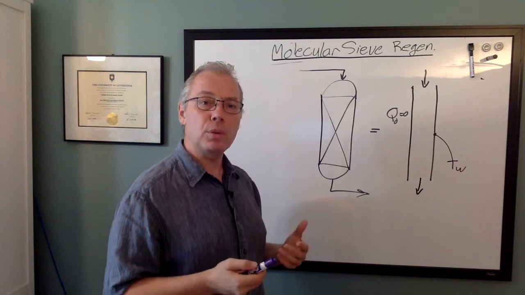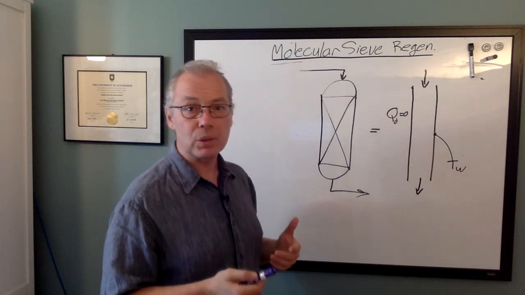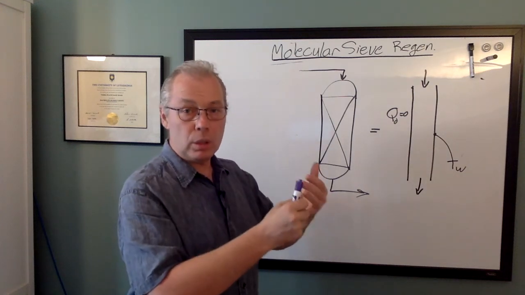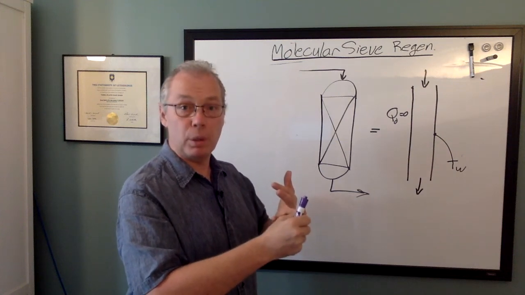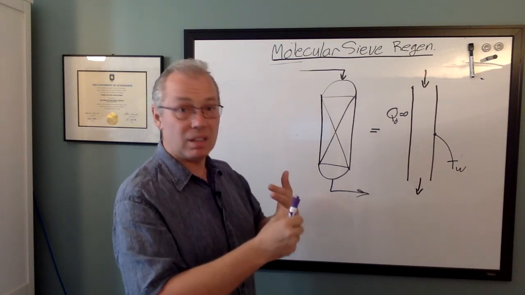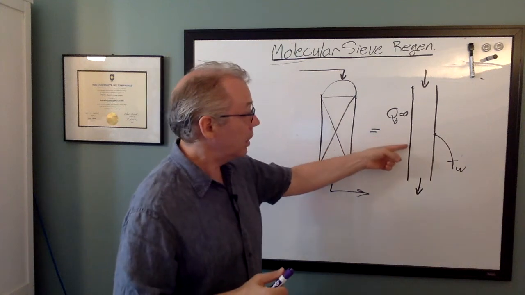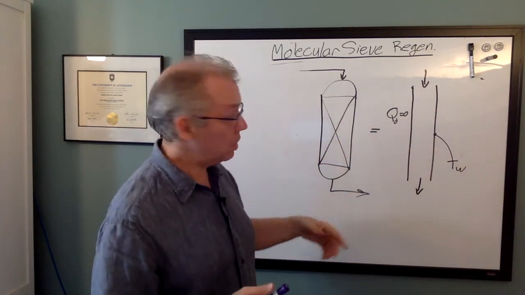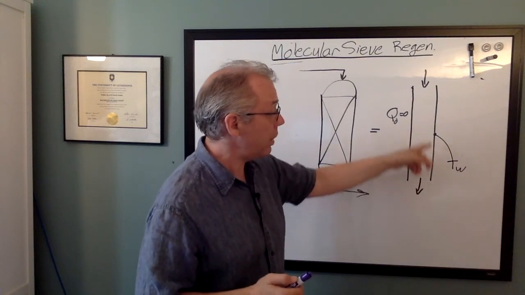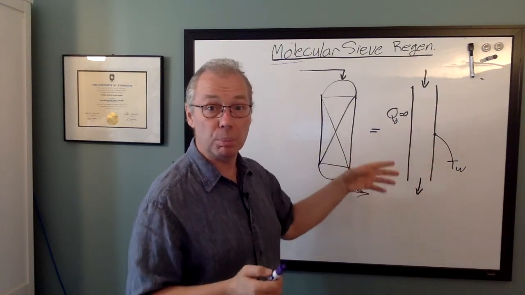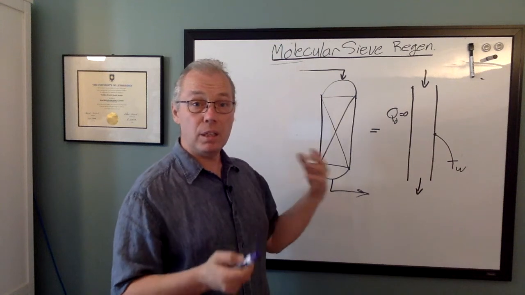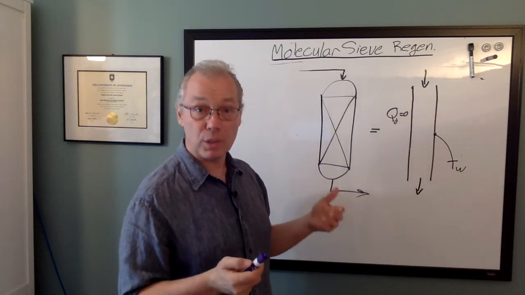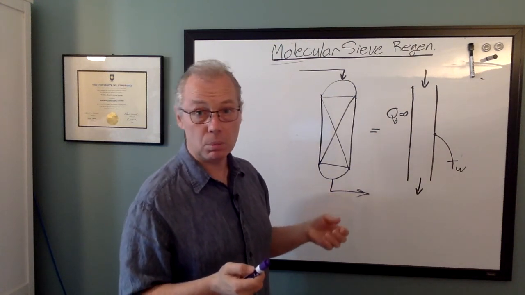Now, modeling the heat transfer for this is a bit nefarious. We've got both steel and molecular sieve that provide thermal mass, and I need to model the whole thing as a piece of one-dimensional pipe. So I need to sort out some kind of equivalent wall thickness of the steel pipe, and I need to estimate some kind of heat transfer coefficient, and that's also tricky.